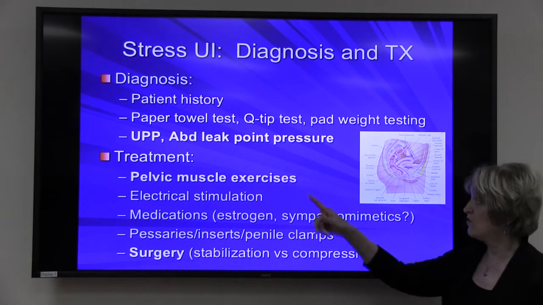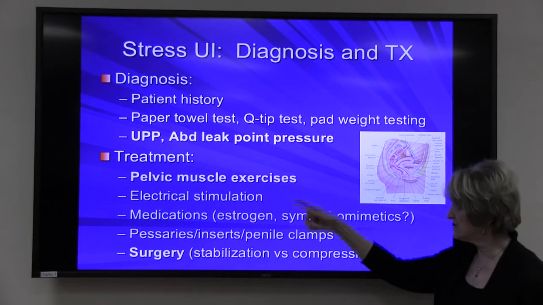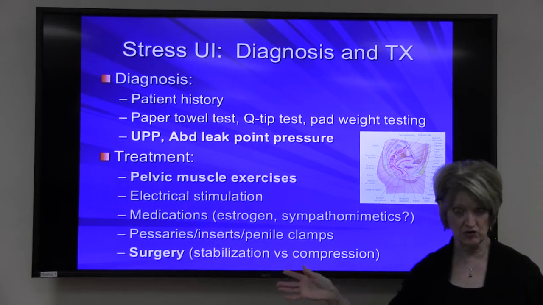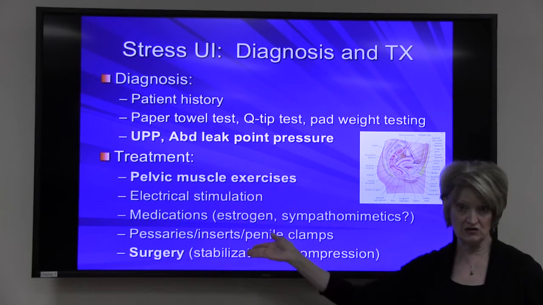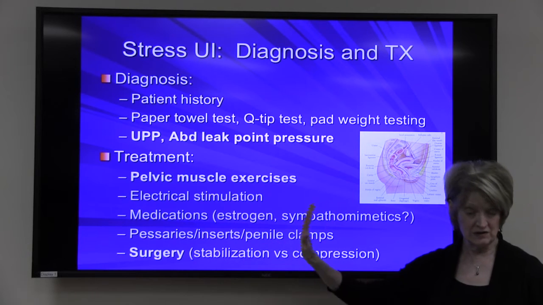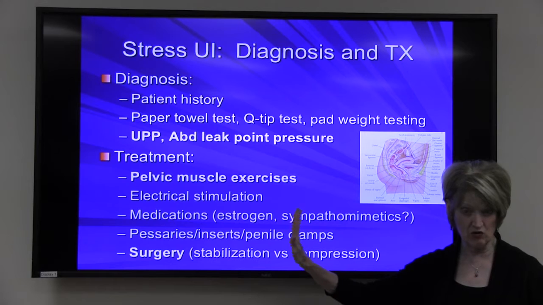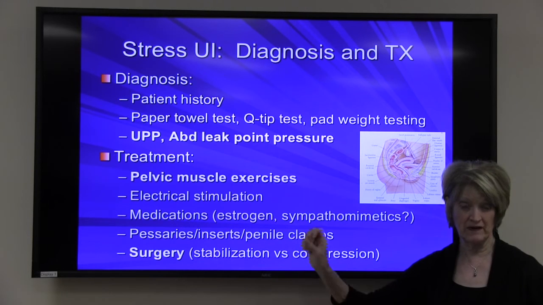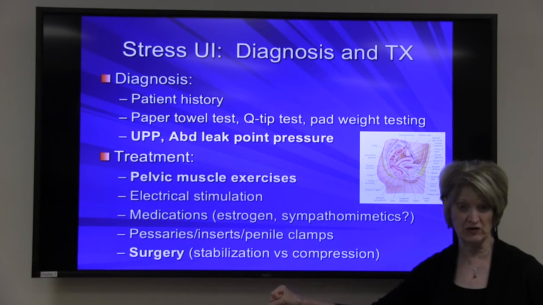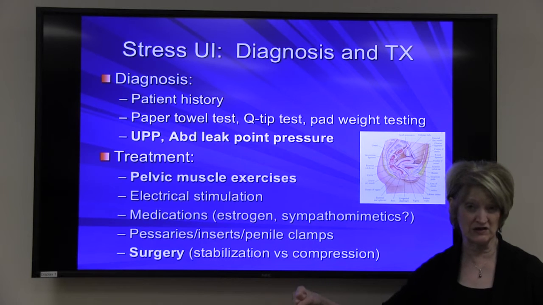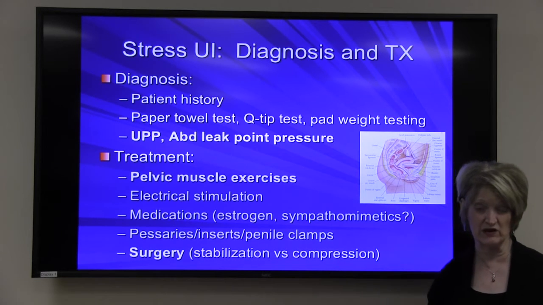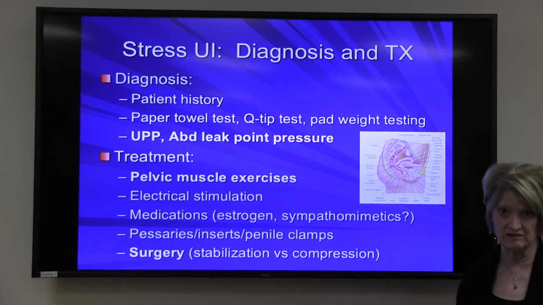Right now, I want you to focus on this and this just as options. What are the options? Exercises to strengthen the muscles, surgery to either stabilize the urethra, hold it in position, or to actively compress the urethra in patients who have very severe stress incontinence with very limited urethral resistance.